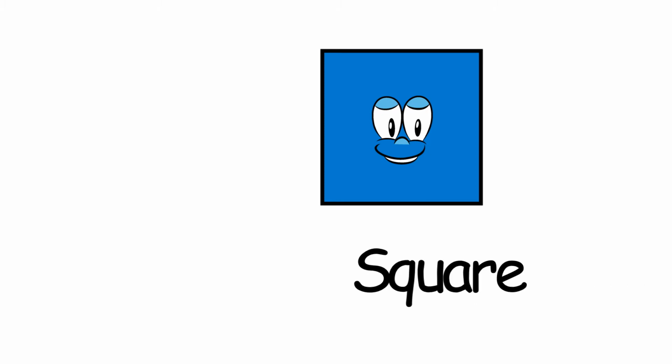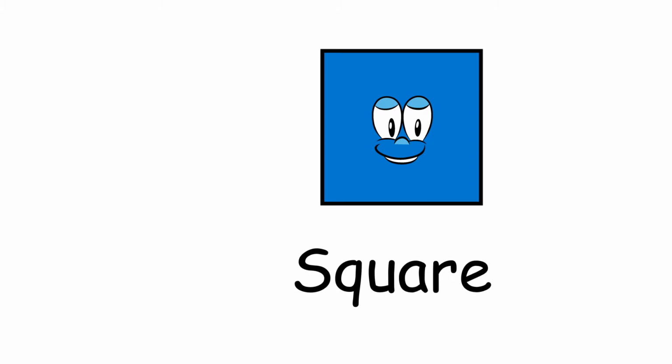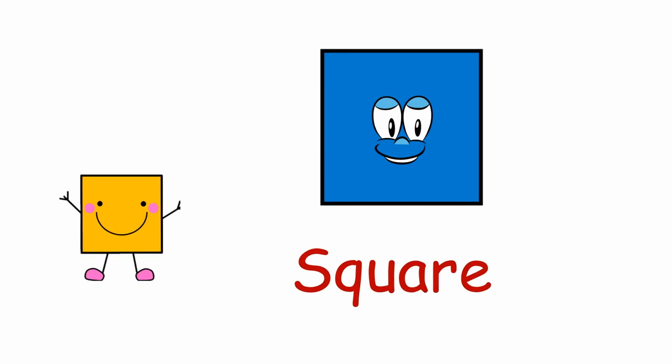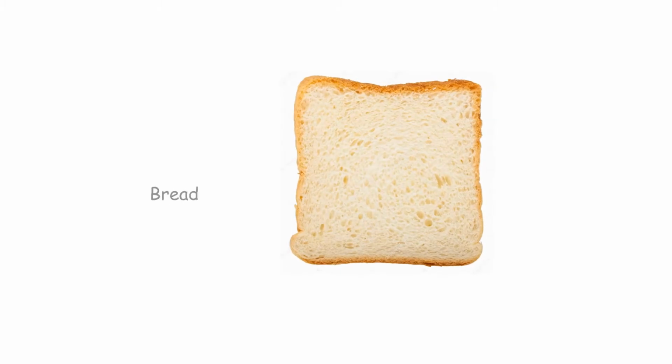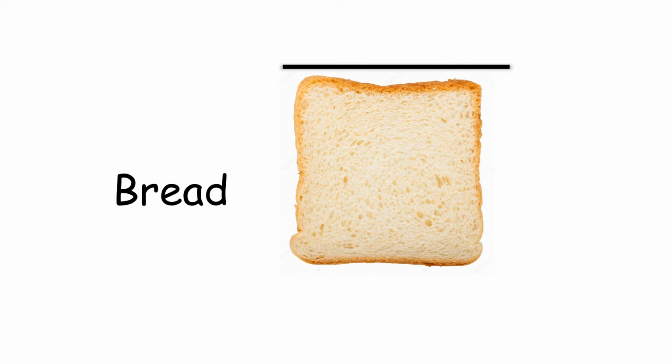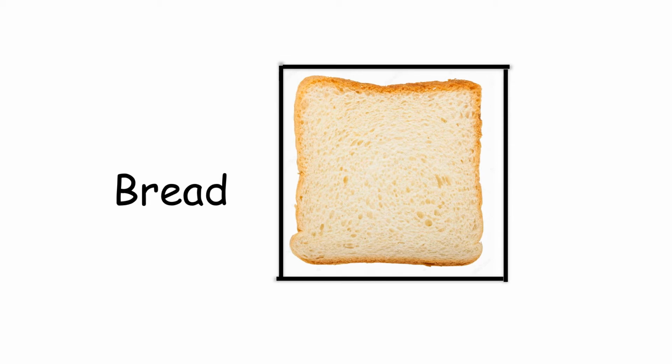I am square. Square. Bread. It is bread. It has 4 sides. 1, 2, 3, 4. So bread is square.